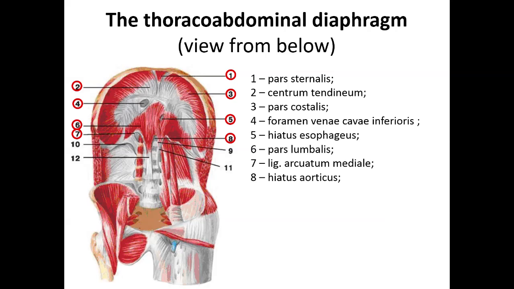So ligamentum arcuatum medianum serves to prevent the influence of contraction on the aorta. So blood supply should be constant, and any external pressure isn't good for constant blood flow.